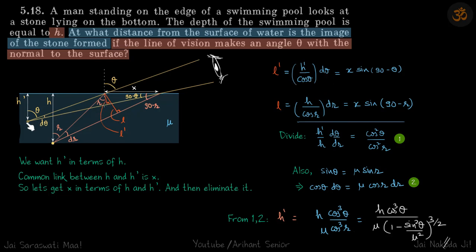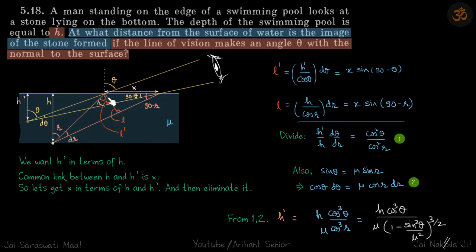So this is because of h dash. Now in terms of x, this L dash is x sine 90 minus theta. So L dash is equal to x sine 90 minus theta. So we have got this.